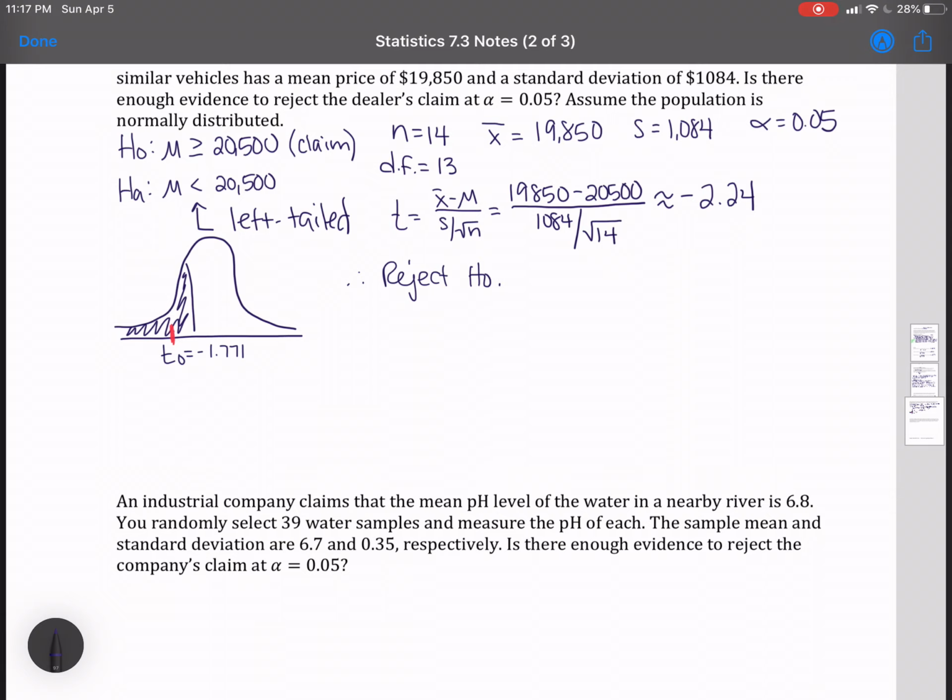And our interpretation: at the 5% level of significance, there is enough evidence.